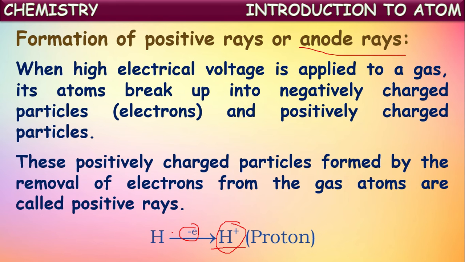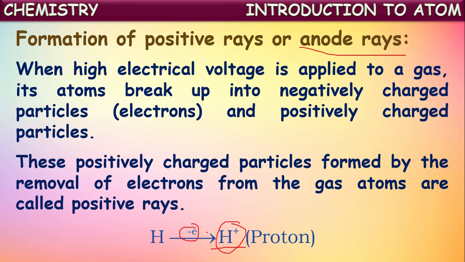Okay, so when a gas is subjected to high voltage current, it splits into negatively charged particles and positively charged particles. Here the negatively charged particles produced are called cathode rays, which we now call electrons. The name electron was given by G. J. Stoney, as we know.